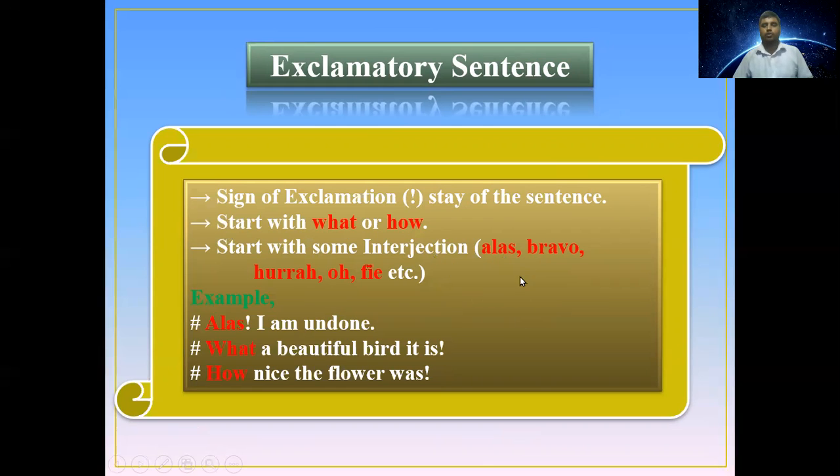The interjection words are alas, bravo, hooray, oh, fie, etc. The examples below: Alas, I am undone. The Bengali meaning is হায় আমি কি করলাম. What a beautiful bird it is. The Bengali meaning is পাখিটি কি সুন্দর. How nice the flower was. The Bengali meaning is ফুলটি কি সুন্দর.